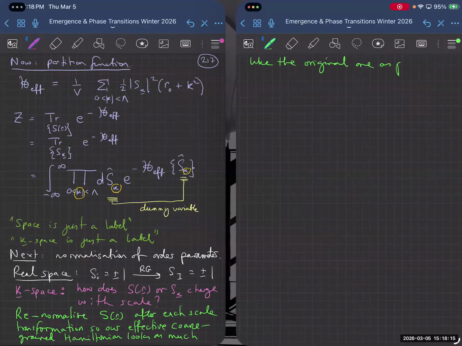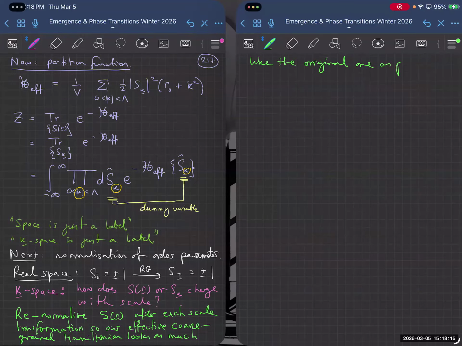So our coarse graining step will involve coarse graining, integrating out our degrees of freedom, and then literally changing the normalization of the order parameter field so that it looks like the original Hamiltonian. Can you see it okay?